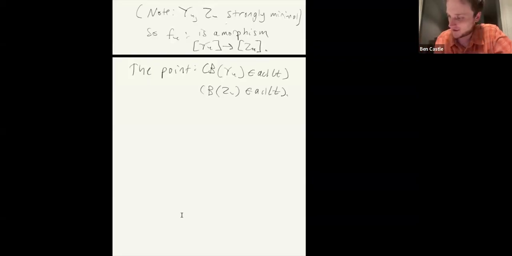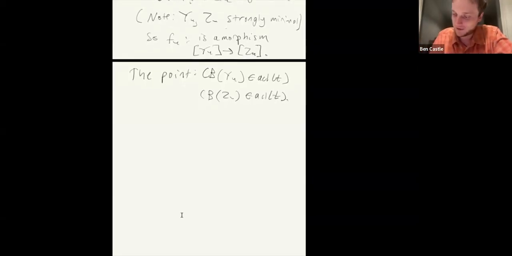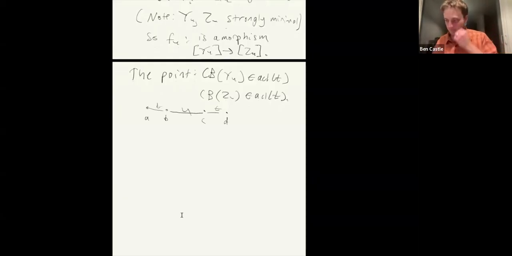Right. So let's go back to our original configuration. Maybe I'll draw the configuration again. We had some points here. We had A and B, which were on our T curve, and then C and D are on our T curve, and they are linked this way by U. Yeah, that was our picture. So let's think about what the other things are.